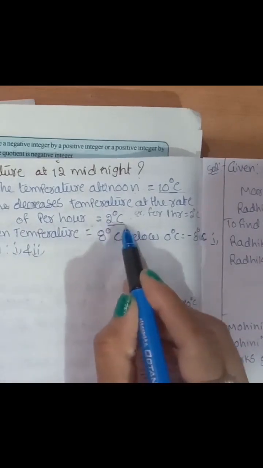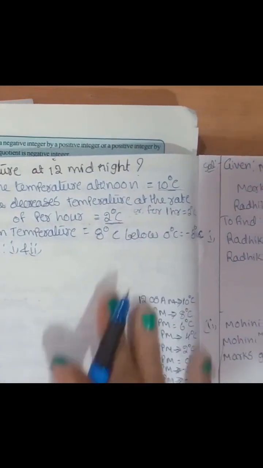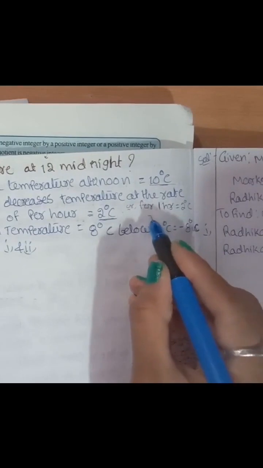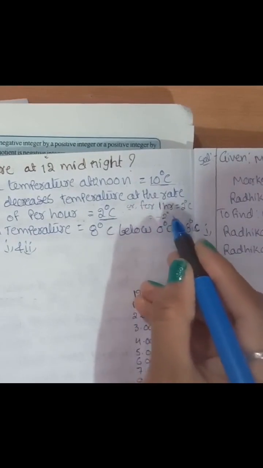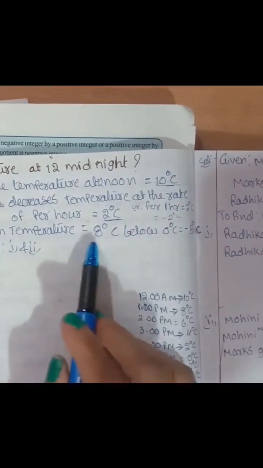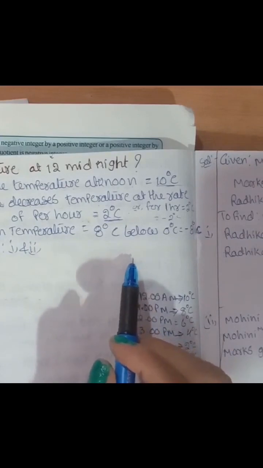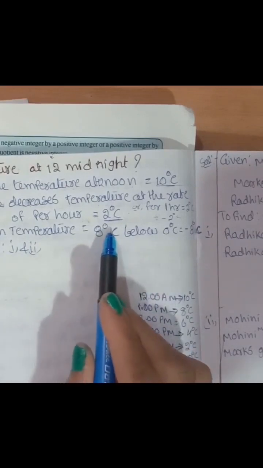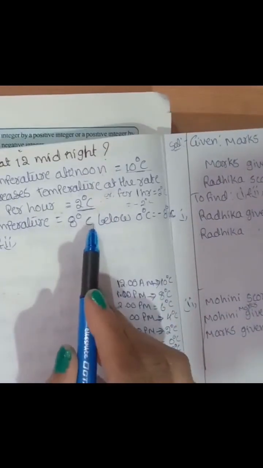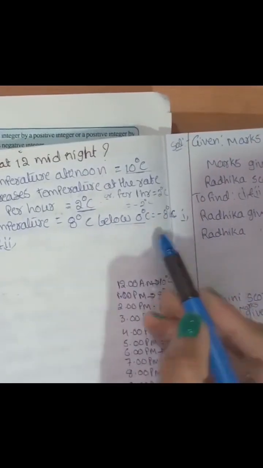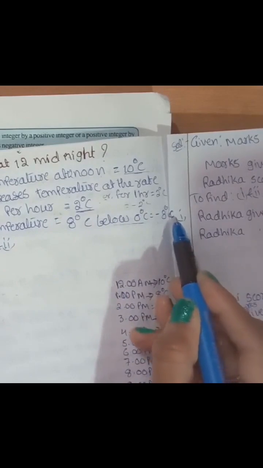Decreases means minus 2 degrees centigrade. The given temperature in our first bit is 8 degrees centigrade below 0 degrees, which means minus 8 degrees centigrade.